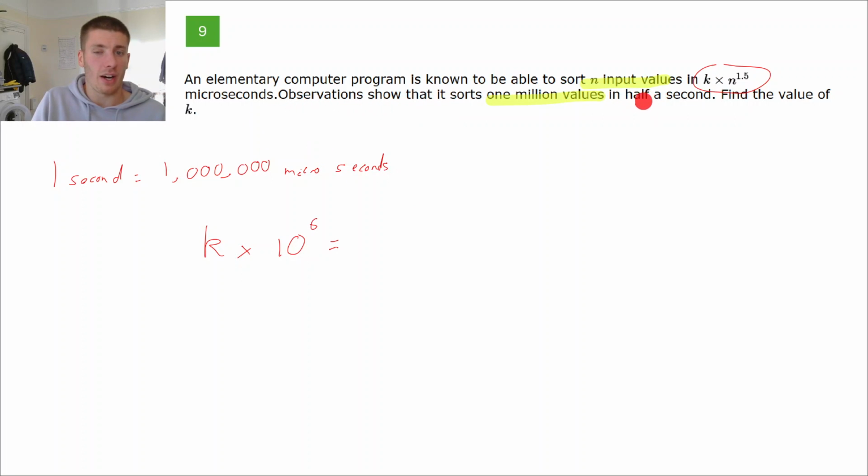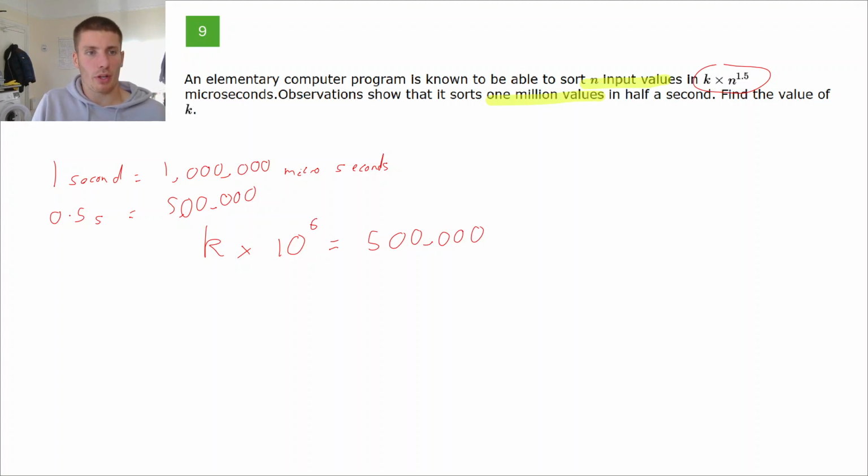Half a second, 0.5 seconds, is equal to half of a million, which is 500,000.